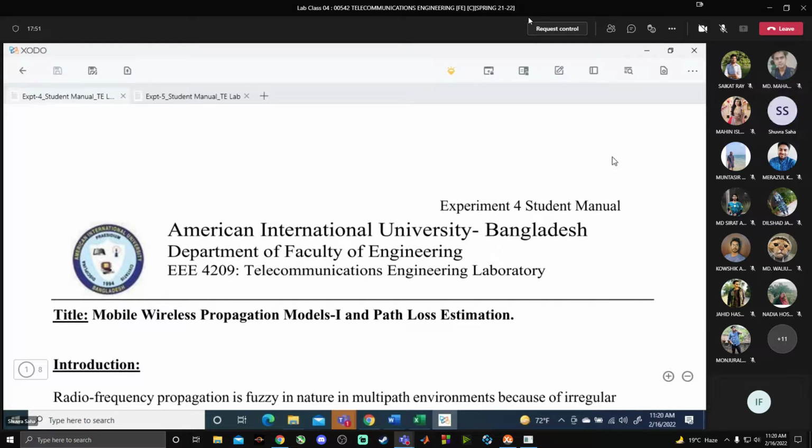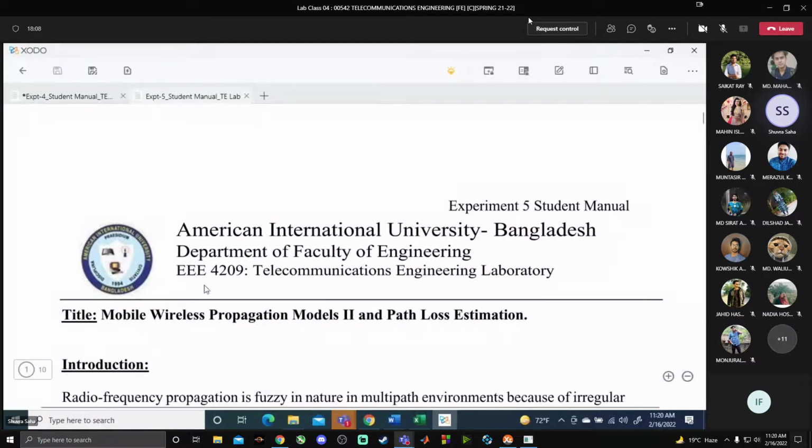Okay, so let's start. As you can see, experiment 4's title is Mobile Wireless Propagation Models 1 and Path Loss Estimation. And experiment number 5's title is Mobile Wireless Propagation Models 2 and Path Loss Estimation. So the topic is the same, the background theory is the same, only we have different propagation models for these two lab experiments.